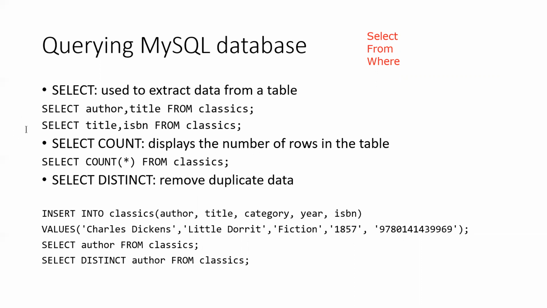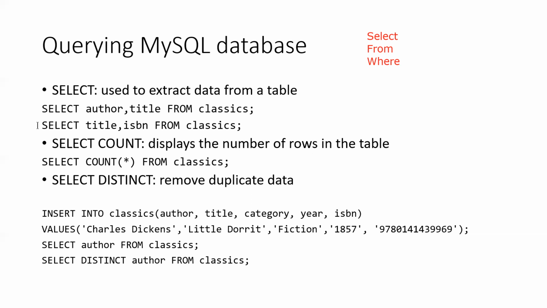Right. And then the next one, anyone else? Can you tell me what will happen in the second line? How about Krish? Display all title and ISBN from the classics table.